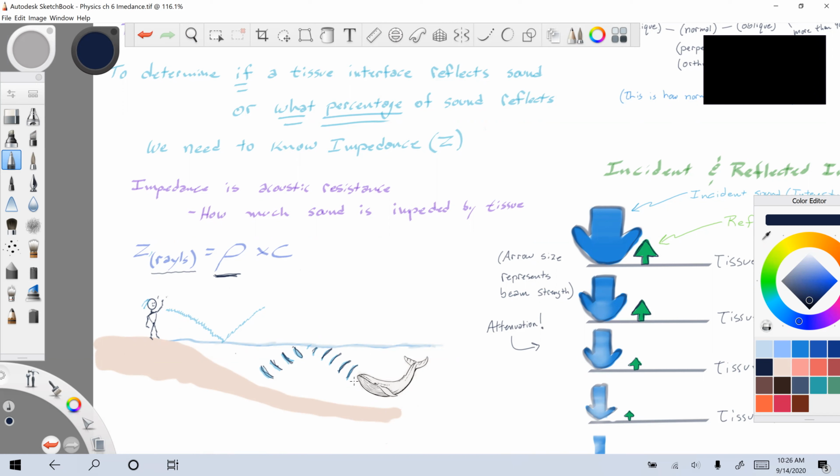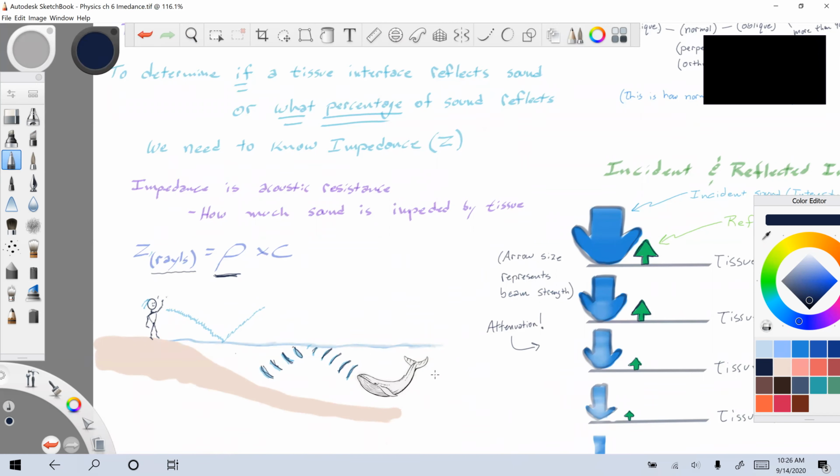Anyway, he yells. He's making incredible amounts of noise, like airliner-type noise. Very, very loud animal. We don't hear a thing on the shore because all the sound is reflected. Why?